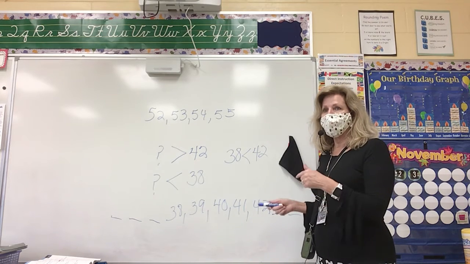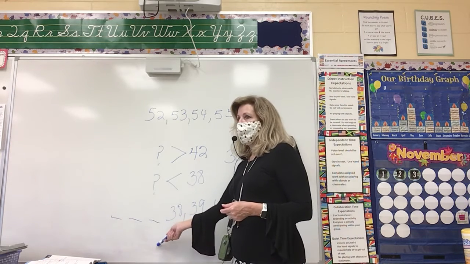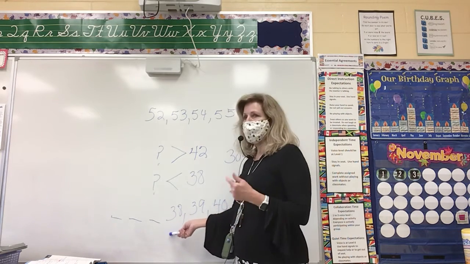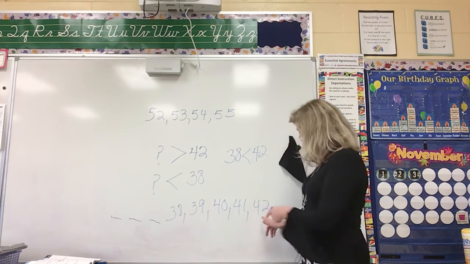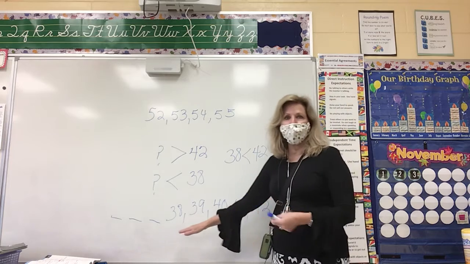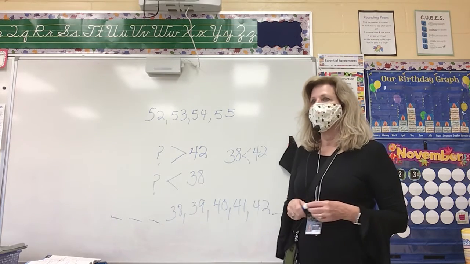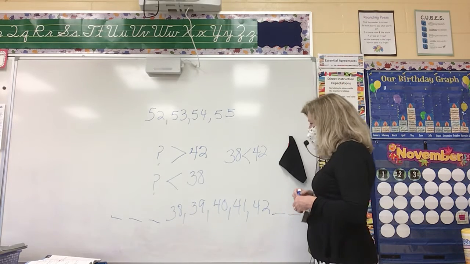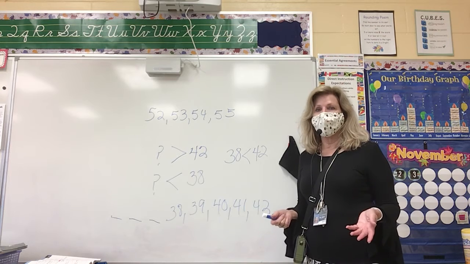What he should have said was that the pages he's reading is greater than 38 and less than 42. If he would have said that, what pages could he have read? Charlotte? 39, 40, or 41.